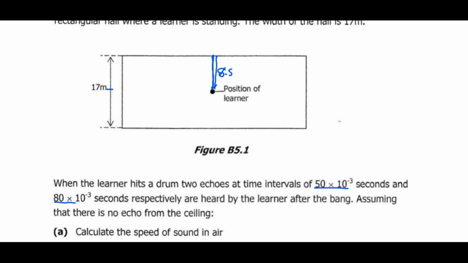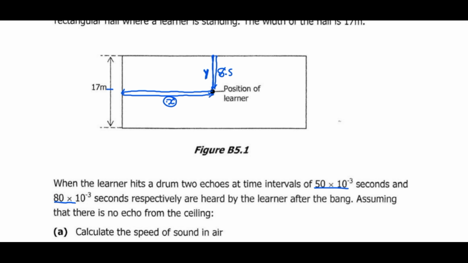Then there is another echo. So this echo moved in this direction, so it hits this hole. Then for this person to hear this echo, the sound must bounce back to this position. Now you can see that the distance, this distance here, if this is our x, then our y, we can see that the distance x is greater than distance y.